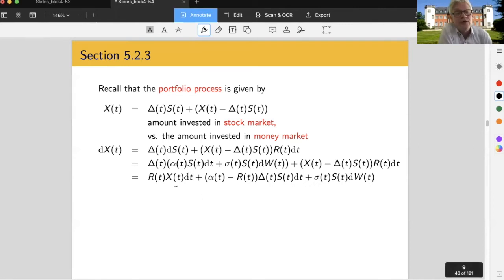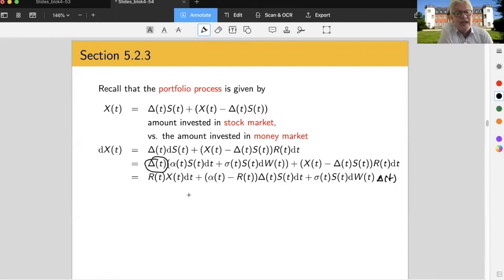Here we have the first term, r_t X_t dt. Then this term that we just mentioned, alpha_t minus r_t times Delta_t S_t dt, plus sigma_t S_t dW_t. Hey, this Delta is missing. All right, times Delta_t. And then we're good.